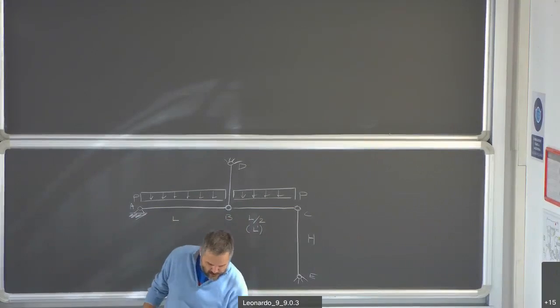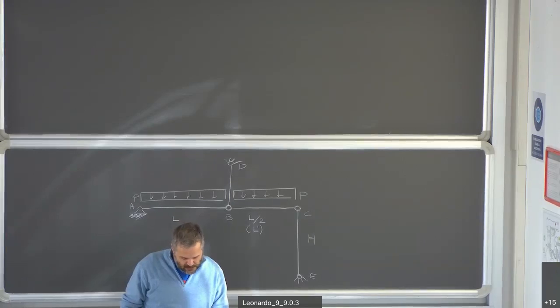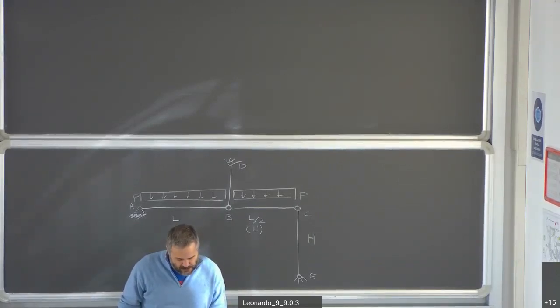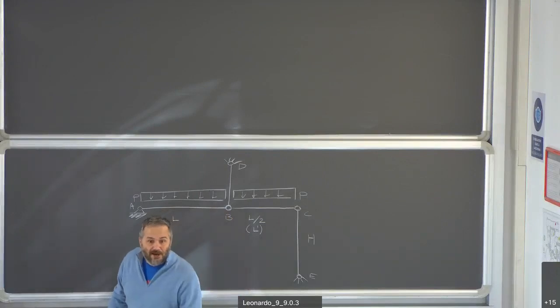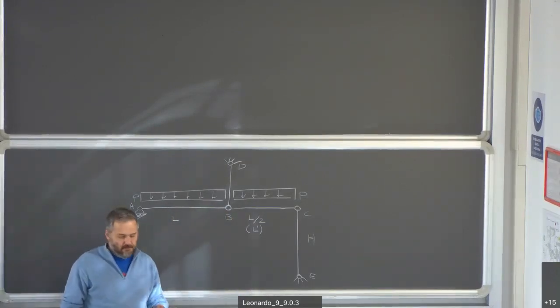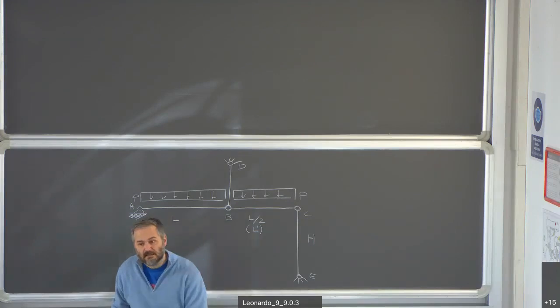Now, the first task was, as usual, to perform the structural analysis of the two beams by plotting the diagrams of the internal forces, shear and bending moment, as a function of P and L. And then determine the tension force in the tie and the compression force in the column as a function of P and L. Now, from the beginning, if you read the text carefully, you already knew what the solution had to look like, because it was clearly stated that there were two beams, a tie and a column.